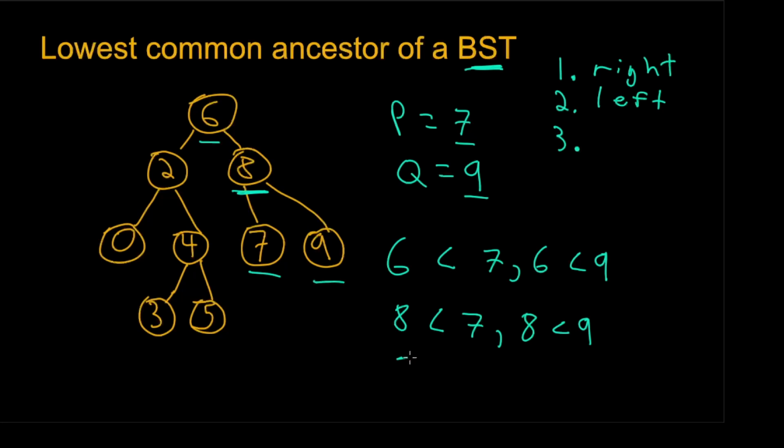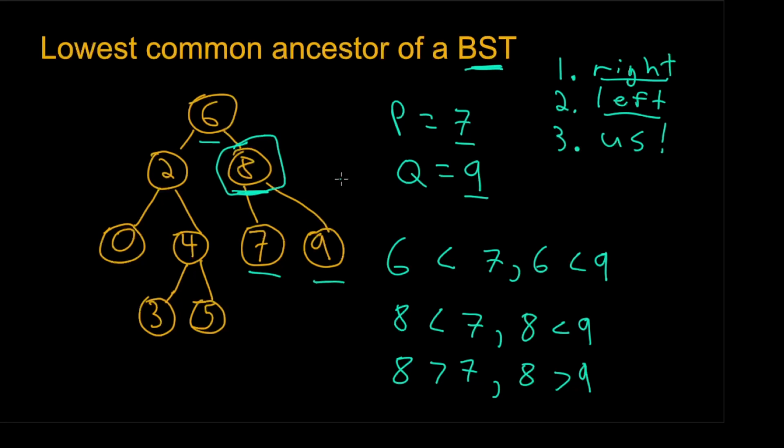If 8 is greater than 7 and 8 is greater than 9, well, of course, that's not true. It's not on the left either. Okay, so if it's not on the right and it's not on the left, that must mean it's us, right? And that's actually the solution to this problem.